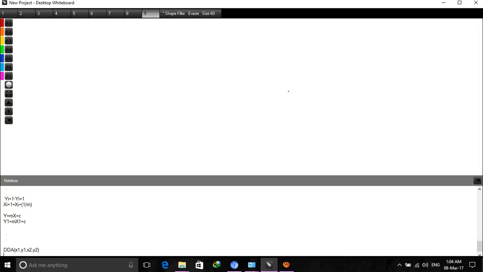So the algorithm starts here. First is initialize. No need to initialize here. So you easily calculate delta x equal to x2 minus x1 and delta y equal to y2 minus y1.